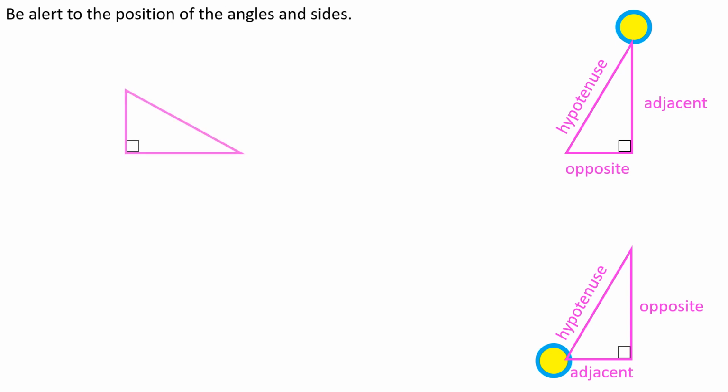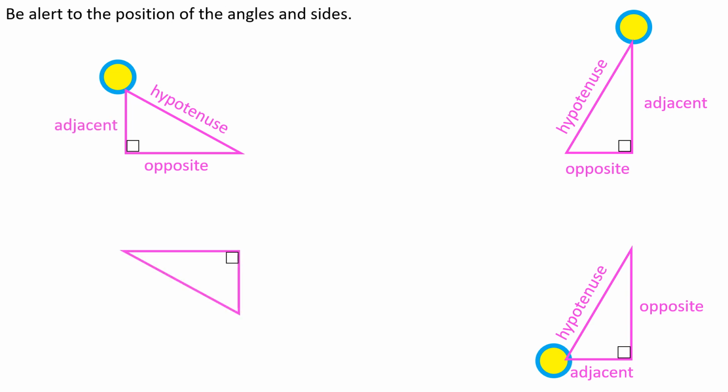It doesn't work that way because the triangle can have different orientations, and depending on the angle I want to study, the names opposite and adjacent can end up in different locations. The hypotenuse will always be the longest side. The hypotenuse will also be across from the 90-degree angle. But opposite and adjacent will be placed according to which angle we're going to study.